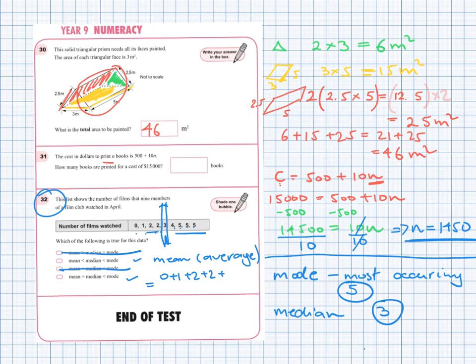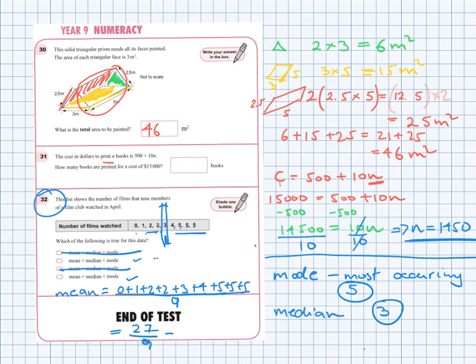So the mean is equal to, using this as a division line, adding all the data, 1 plus 2 plus 2 plus 3 plus 4 plus 5 plus 5 plus 5, and then dividing by the total number of data, which is 9. Adding it up: 1 plus 2 is 3, plus 5 is 8, 12, 22, 27. So 27 divided by 9 is equal to 3.